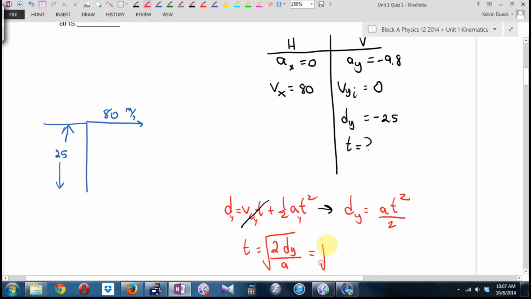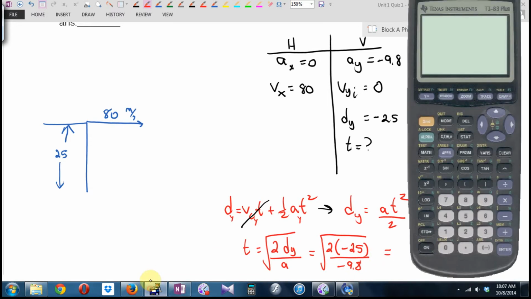It's going to be 2, negative 25, negative 9.8, square root. It's going to be 2 times negative 25 divided by negative 9.8, should be really close to 5, and then square root 2.2-ish, I'm betting?